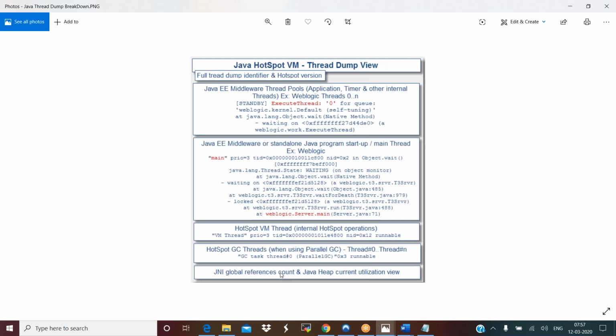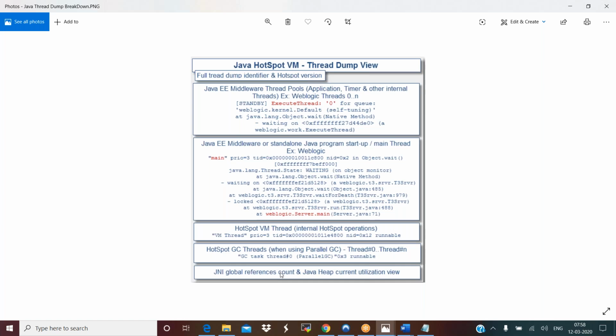You will get to understand all the concepts very slowly. Once you start taking thread dumps, once you start using all these tools, once you know how to read a thread dump, you will see different values in it, like thread IDs and native IDs.